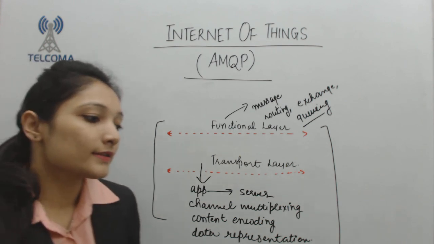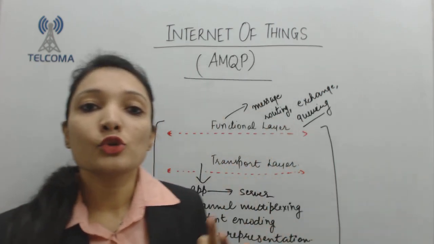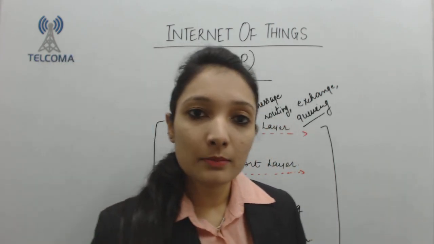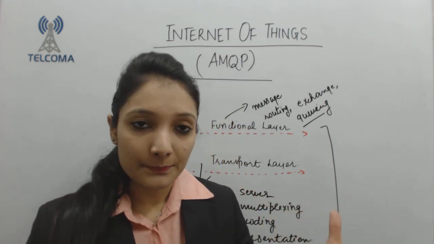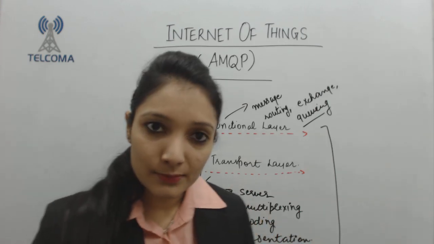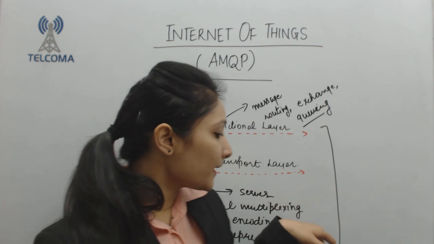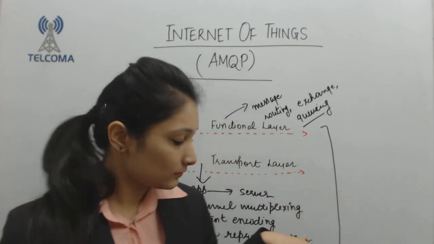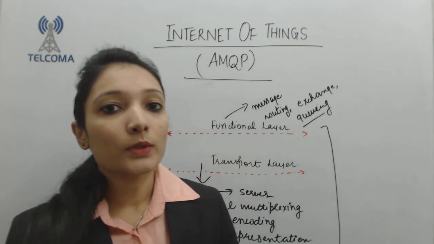According to this, the requirements for this protocol are that it should be able to provide interoperability. It should be able to multiplex several channels on one transportation channel, and for content encoding, it should be able to convert the data into binary encoding and then transport it.